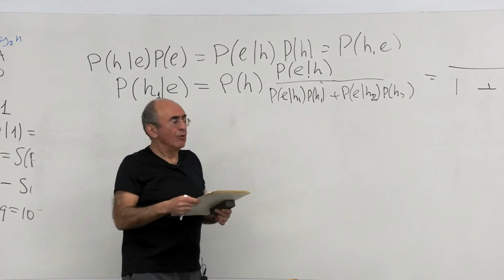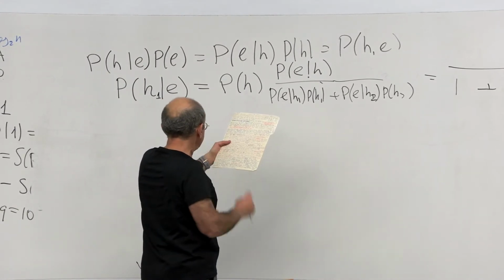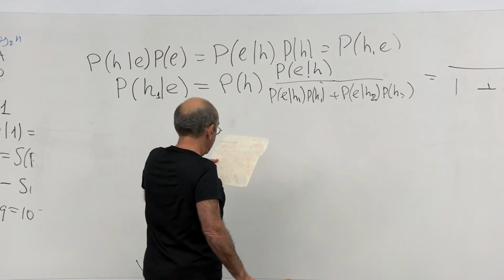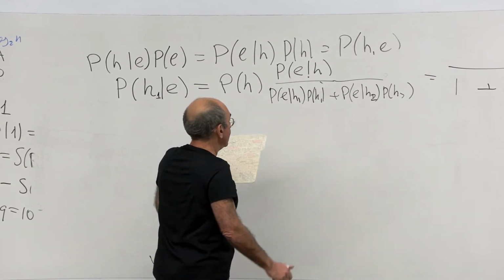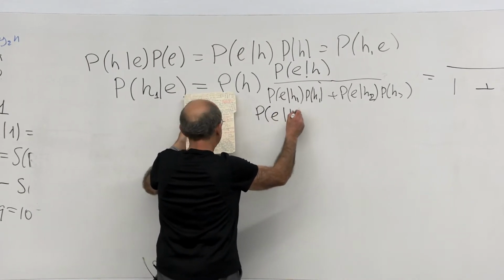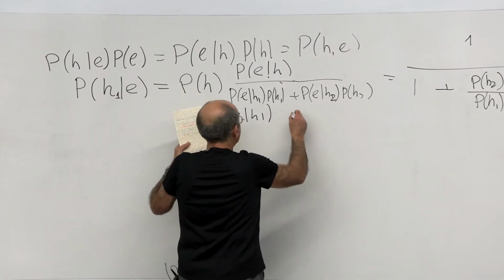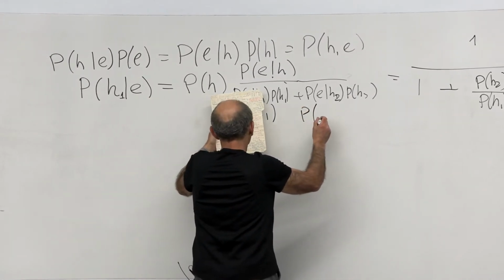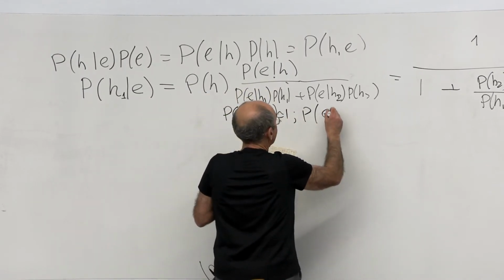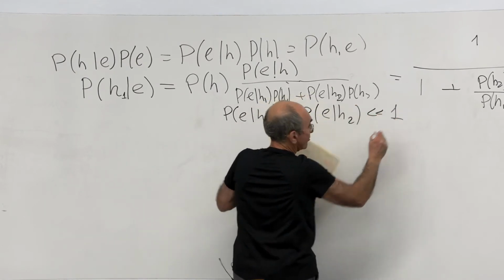In particular, if you are interested in a case where, for example, P of E given H1 is as close to unity, and P of E given H2 is much, much less than unity.